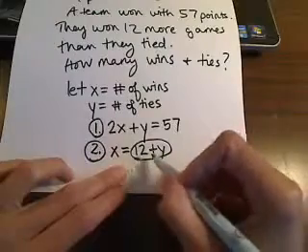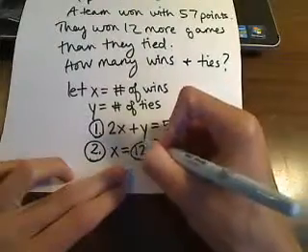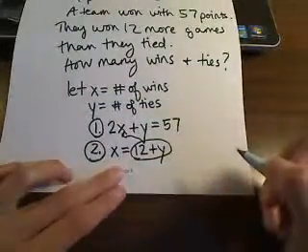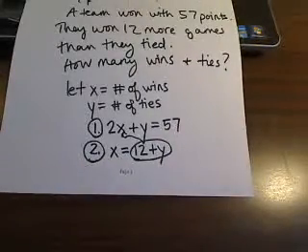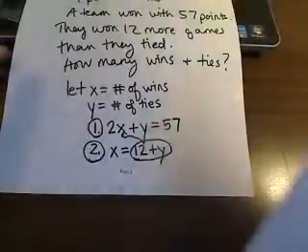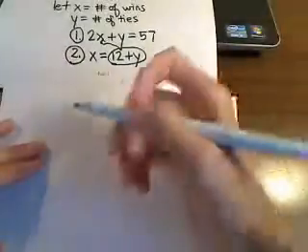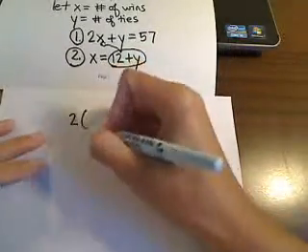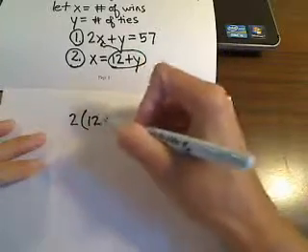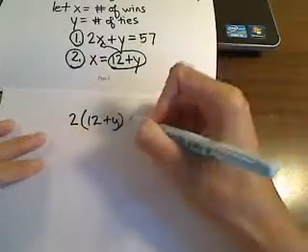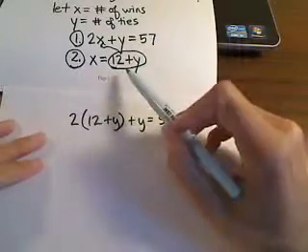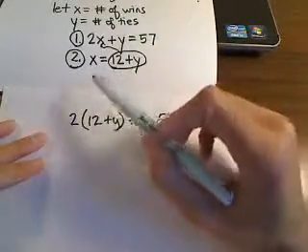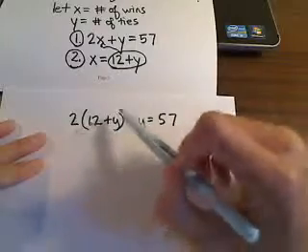So I'm going to take this x equals 12 plus y here. I'm going to substitute into the first equation for x, so this is going to become 2 times 12 plus y equal to 57. Remember, you're plugging in the whole 12 plus y here, so that 2 is actually multiplying the whole thing.